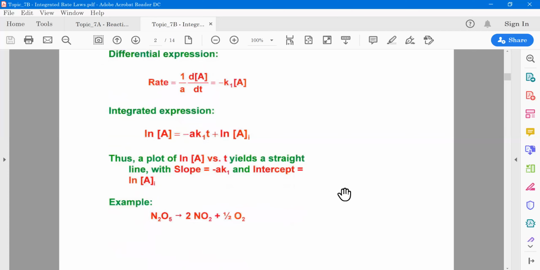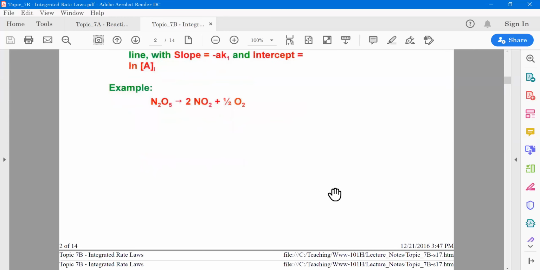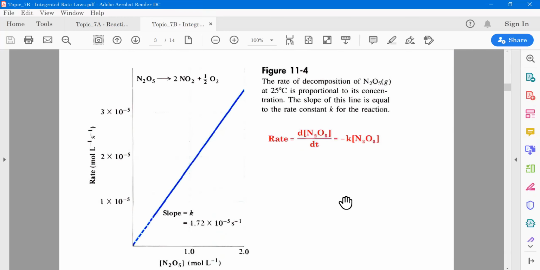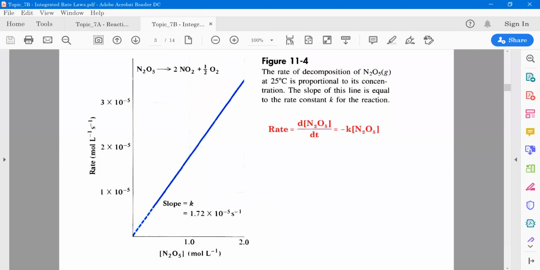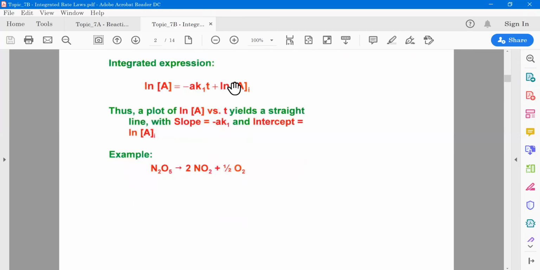An example of a first order reaction, and there are many, many of these reactions that obey first order kinetics, is the decomposition of N2O5. N2O5 will decompose to 2 NO2 and 1/2 O2. And if you make a plot of these data, this is what you'll observe. Now, first of all, this is not the plot that we were talking about right here.